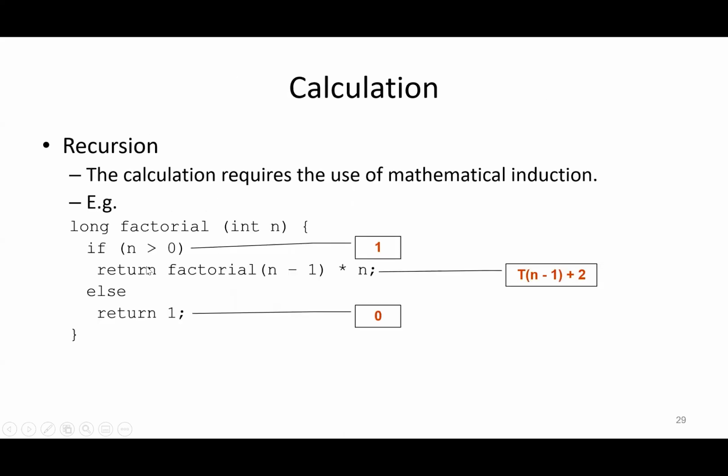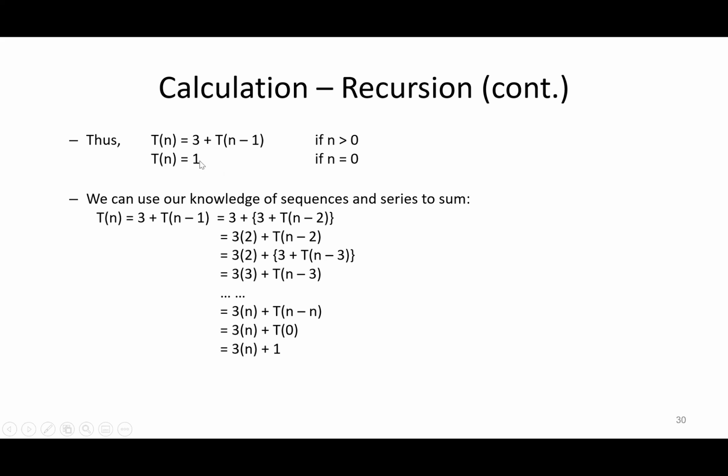Because based on the recursion function here, if the n that I pass in is 0, then I must compare here, right? It is 0, so I won't call the function, I return 1. So I need to execute this part only 1 operation because the return doesn't count any. Okay, so that's why here T(n) is 1 only if your n is 0.